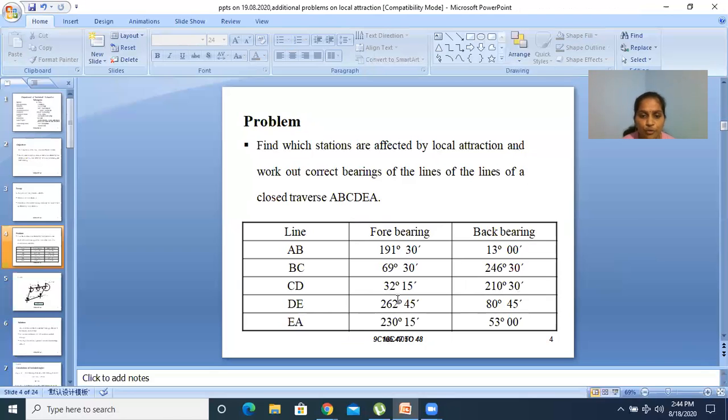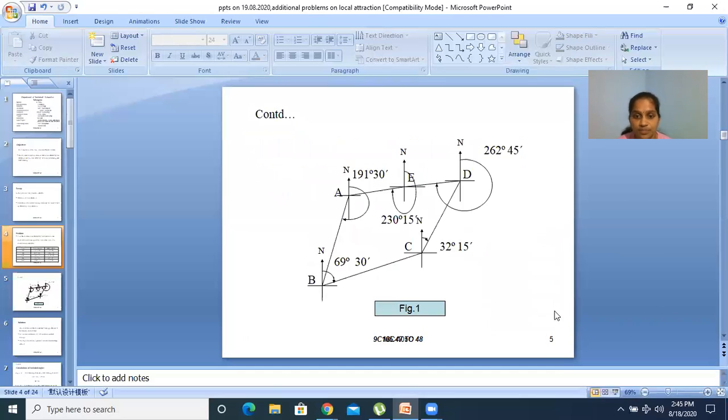For DE, forebearing is 262 degrees 45 minutes and back bearing is 80 degrees 45 minutes. For EA, forebearing is 230 degrees 15 minutes and back bearing is 53 degrees 00 minutes. These are the observed forebearings and back bearings of the lines.